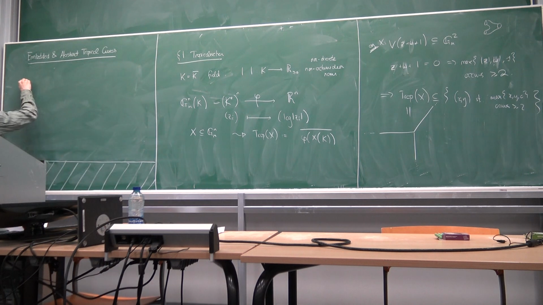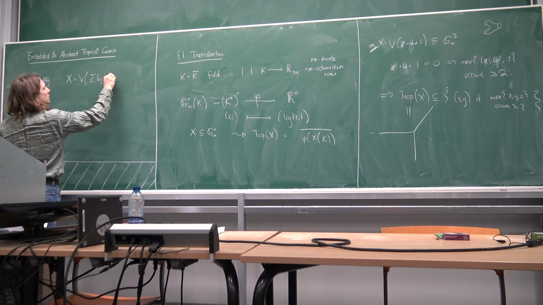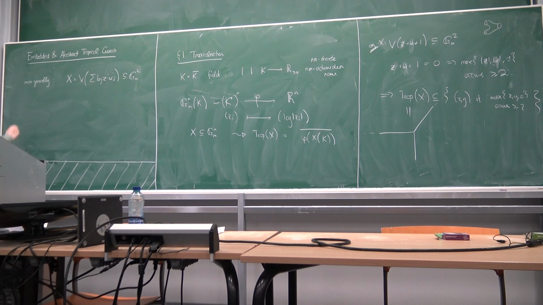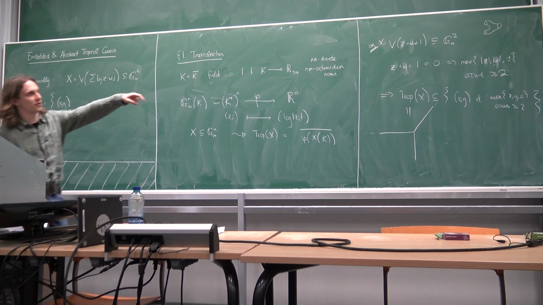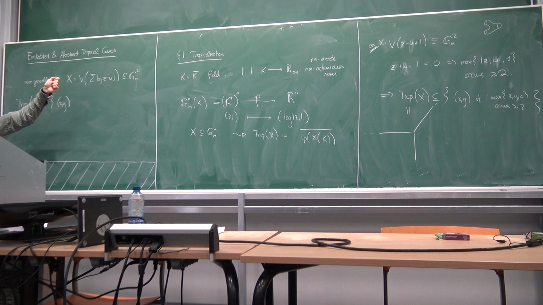So if I take X to be some plane curve inside G_m squared, then the tropicalization of X is going to be exactly the set of points x, y where the maximum of the norms of the terms in this sum occurs at least twice, for exactly the same reasons.